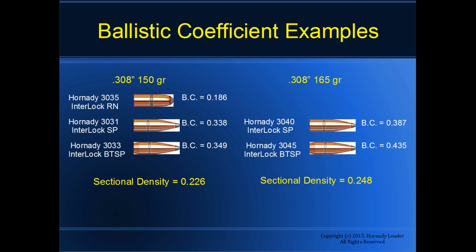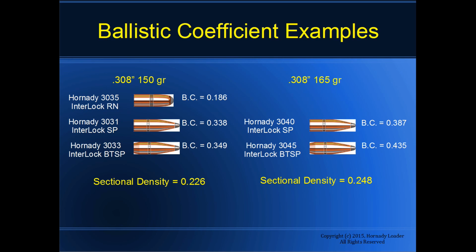Now, don't confuse a higher ballistic coefficient with a bullet being better than one with a lower ballistic coefficient. For example, the two bullets on the bottom there, the Hornady 3033 and the 3045.